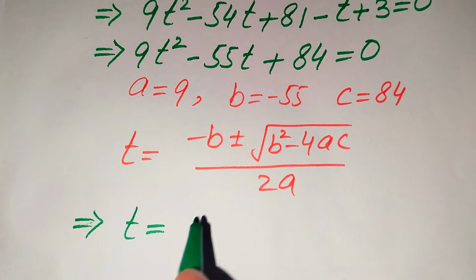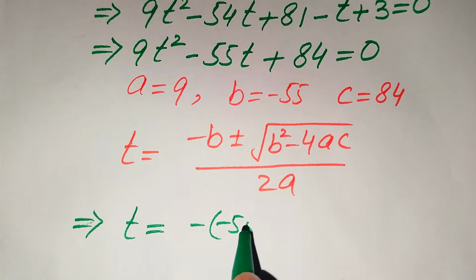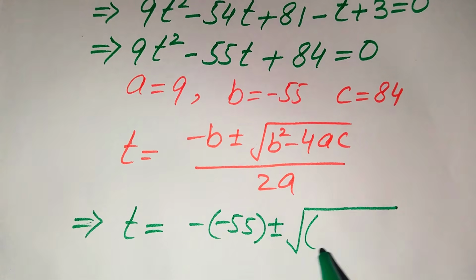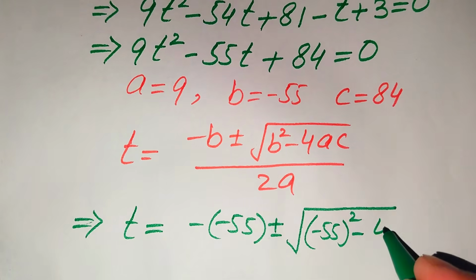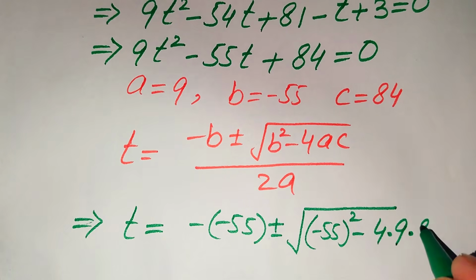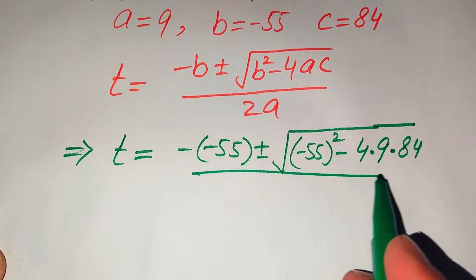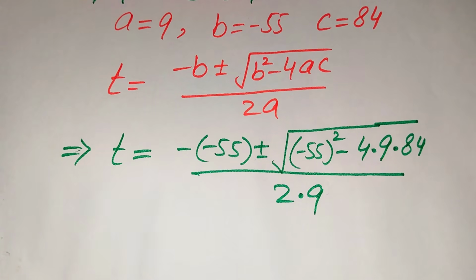This is t is equal to minus b, the value of b is minus 55, plus minus square root of b square, b is minus 55 square, minus 4 times a is 9 and c is 84, divided by 2 times a, and here our a is equal to 9.